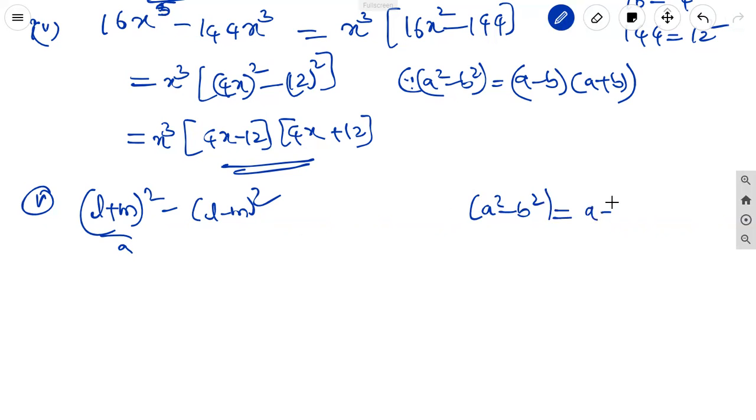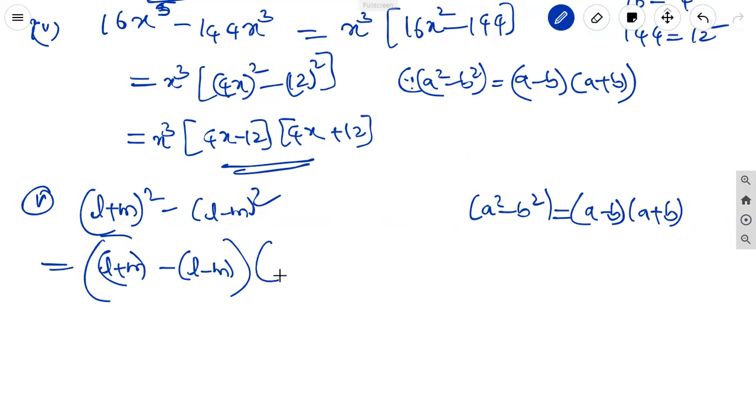It can be written as a minus b into a plus b. So here a is L plus m, b is L minus m, and a plus b is L plus m plus L minus m.